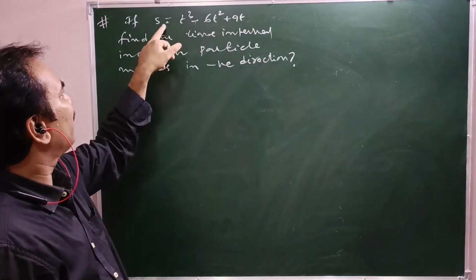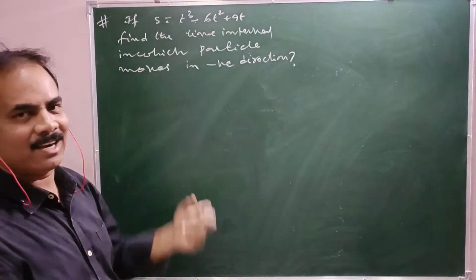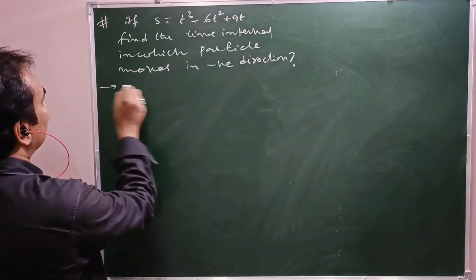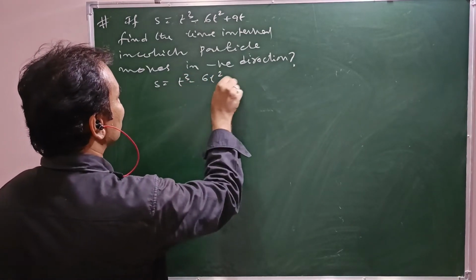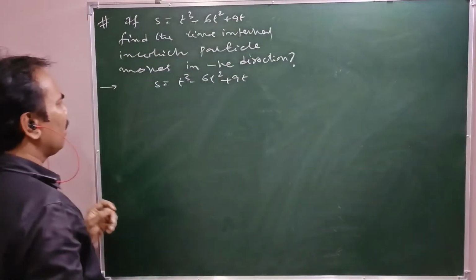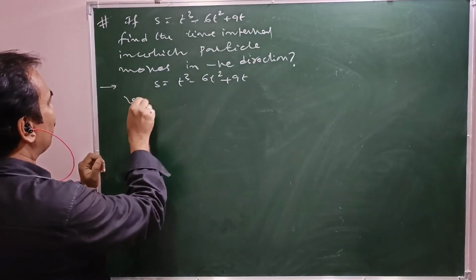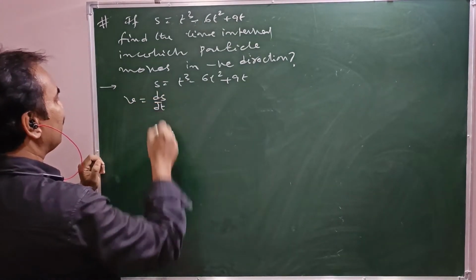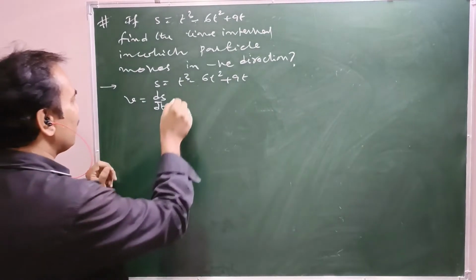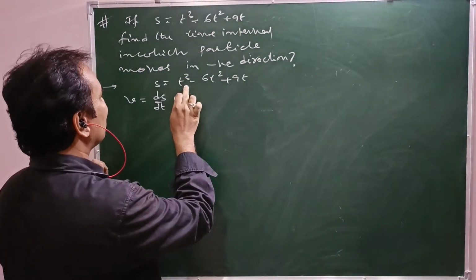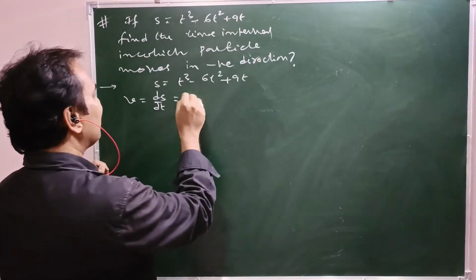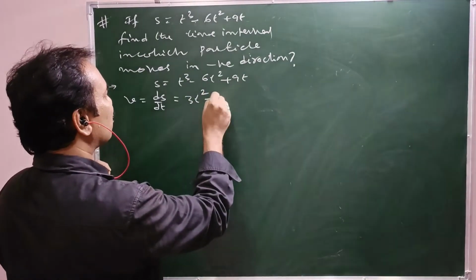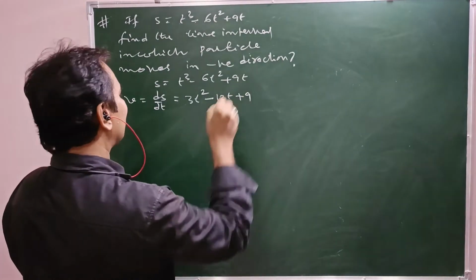We are given the expression for displacement: S equals t cube minus 6t square plus 9t. Now what about velocity? Velocity equals ds by dt, that is d by dt of s. On differentiating this expression with respect to time, we get 3t square minus 12t plus 9.